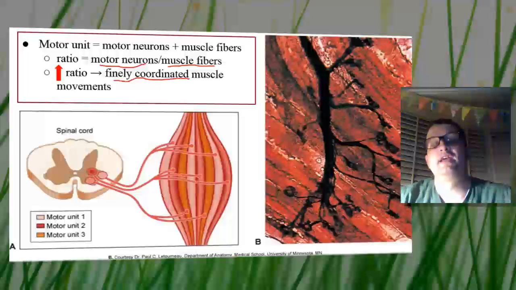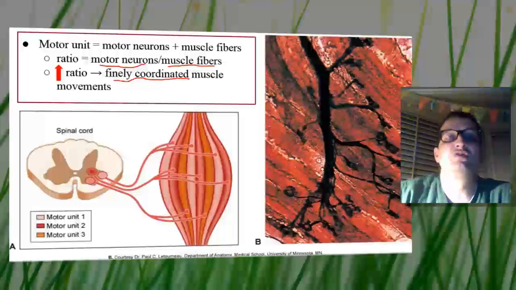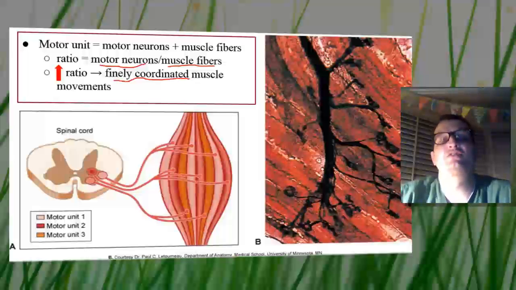For instance, in our hands, the motor unit ratio will be much higher than it is in our thigh muscles, because our hands are tuned for very fine movement. Our tongue and mouth have a much higher ratio than our shoulders.